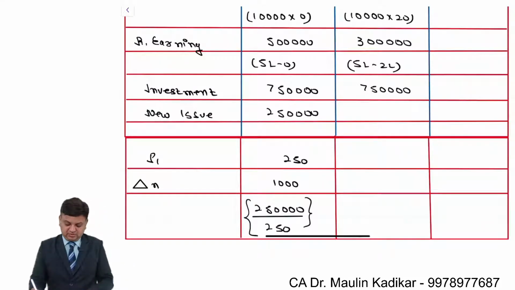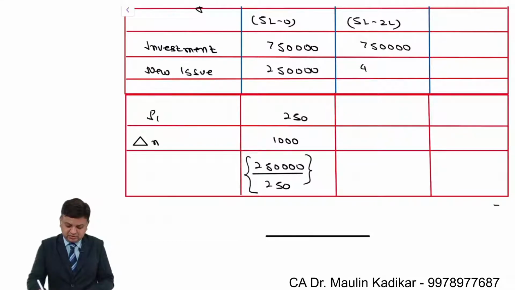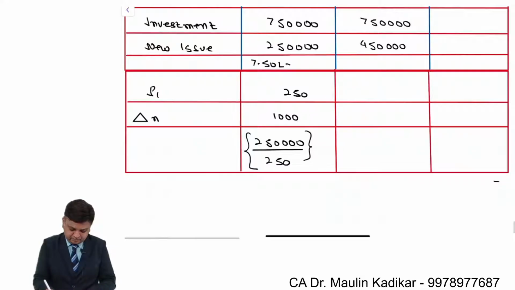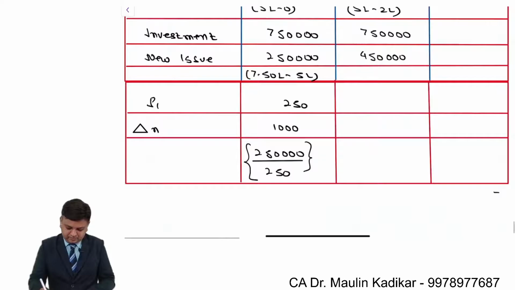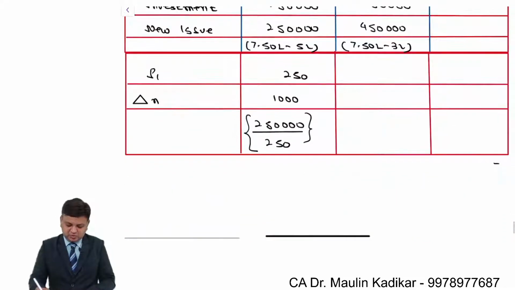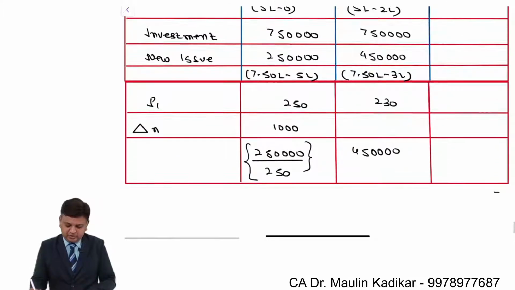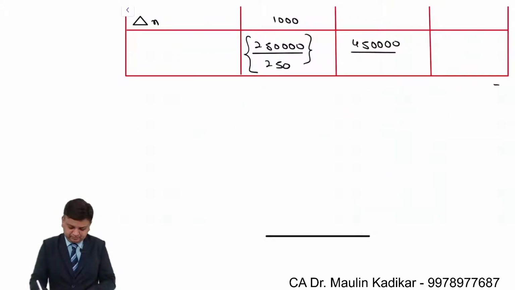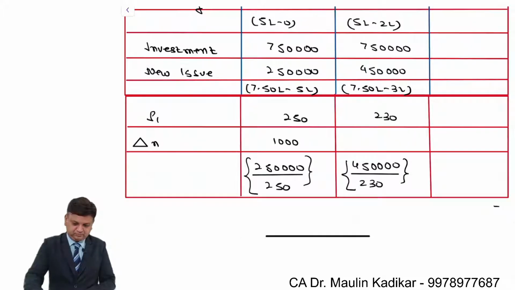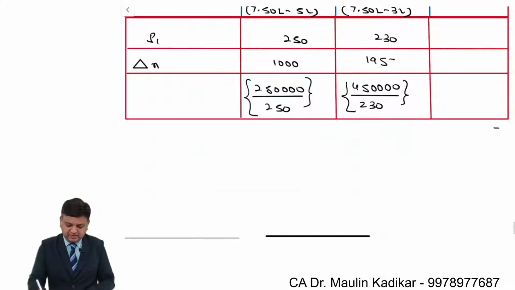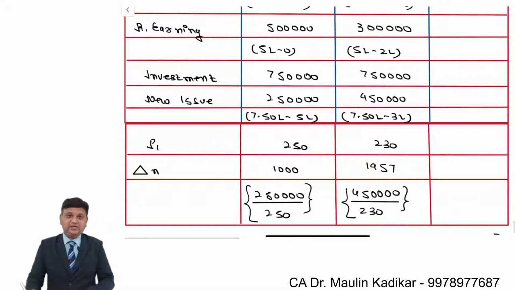Investment is 7,50,000. So new issue is 4,50,000. Price per share is 230. Four lakh 50,000 divided by 230 is 1956.52, so it is near to 1957 shares. That is where the number of shares to be issued will be calculated.